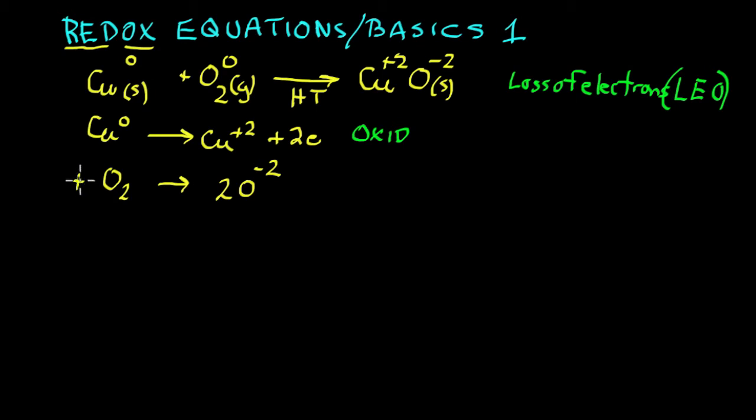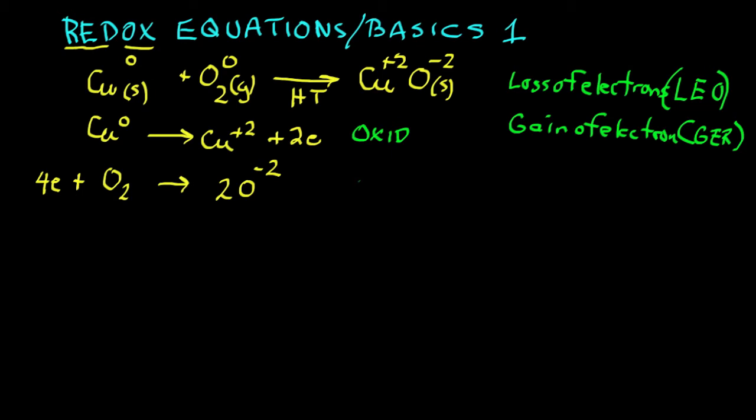Here each one gained 2. So the total gain is 4 electrons. That's called reduction. So the gain of electrons is reduction.